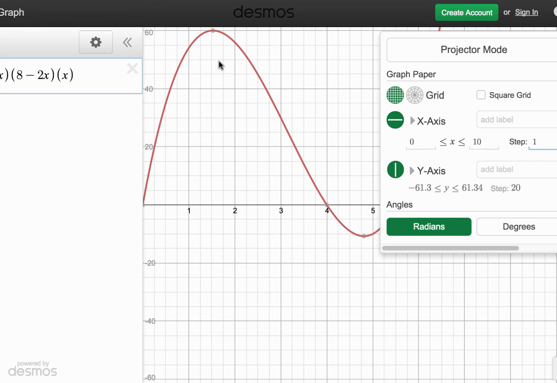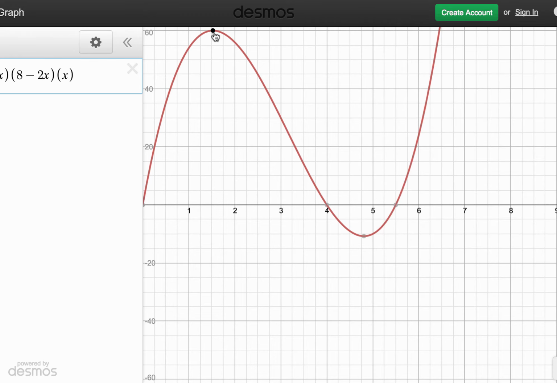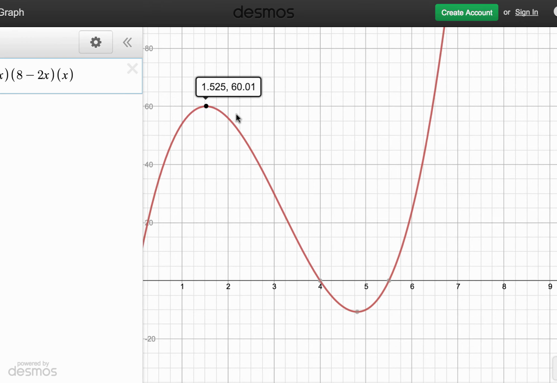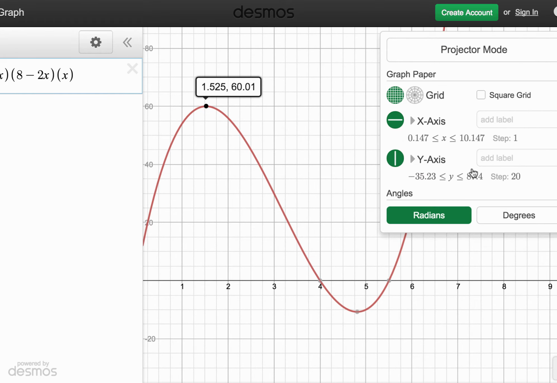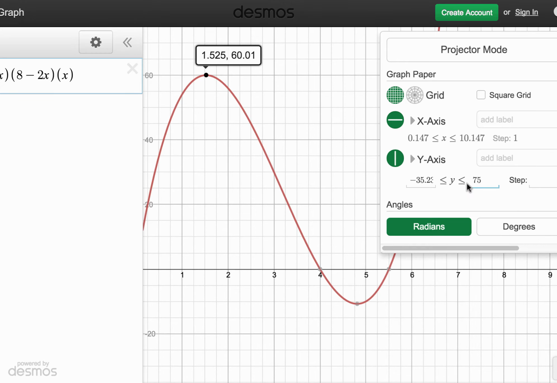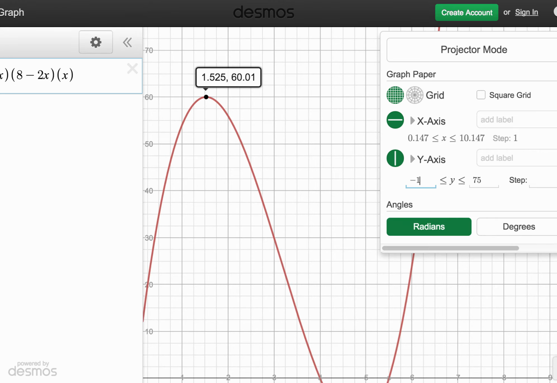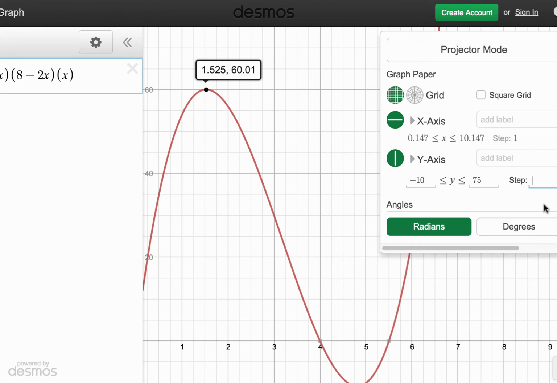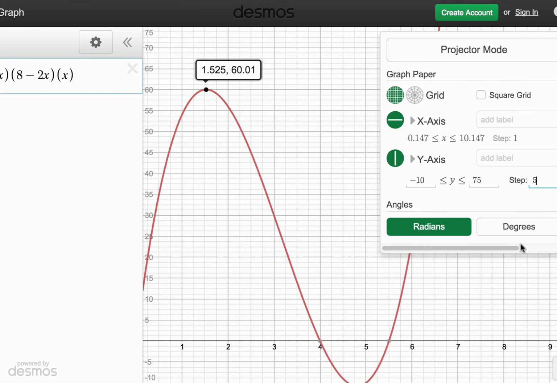My y-axis, well, we looked up here, and when we press that point right there, 60 is my y value. So I want my highest y value to be at least 60. So I'm going to give it 75 because I like to see a little room. And I'm going to do my y-axis at negative 10. And I'm going to step by 5s.